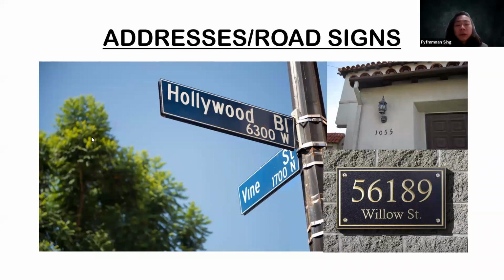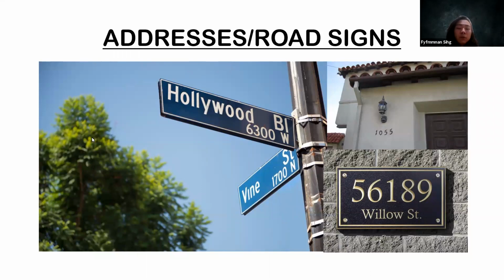If you remember the addressing system we talked about, and the intersecting street concept, for example, 6 and 645, the block number signifies what intersecting street it is. If you remove the trailing zeros, that's the intersecting street number. If we look at the image to the left, we are at the intersection of Hollywood Boulevard and Vine Street.